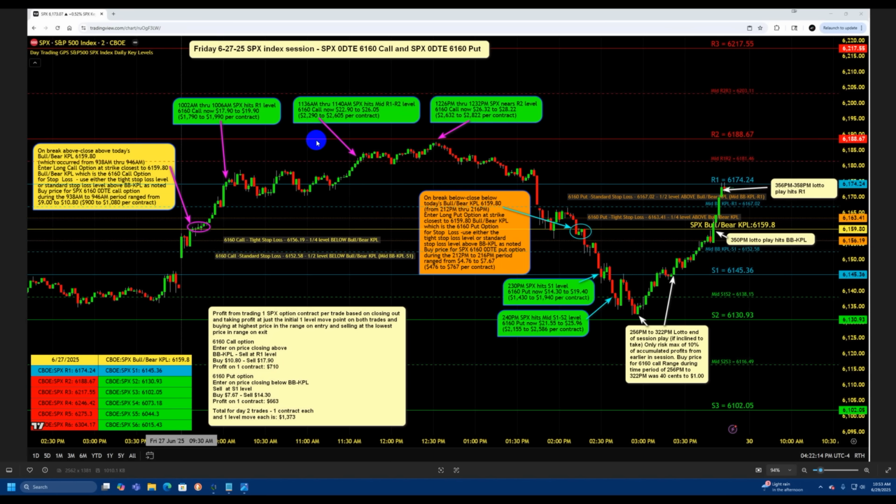If you are more inclined to hold on for a 1.5 level move, then at 11:36 to 11:40, SPX hits the mid R1, R2 level here, 6181.46.